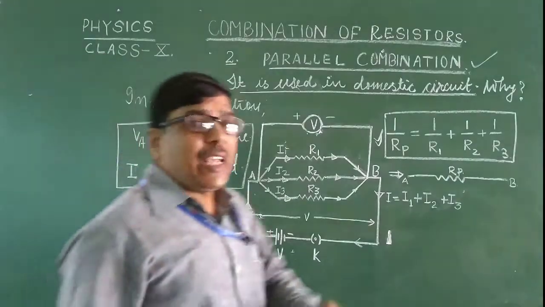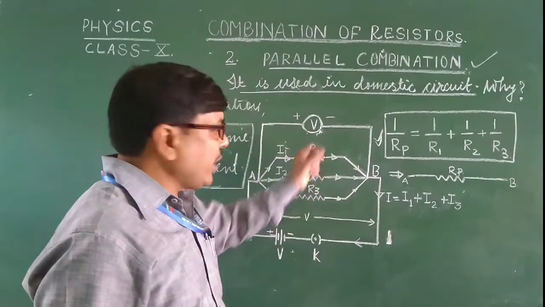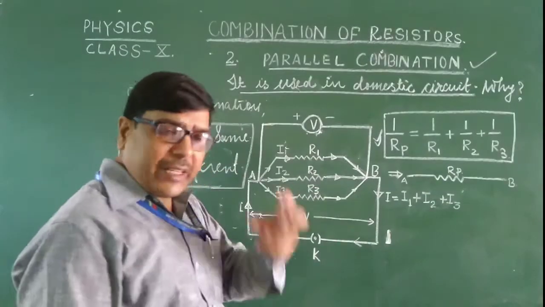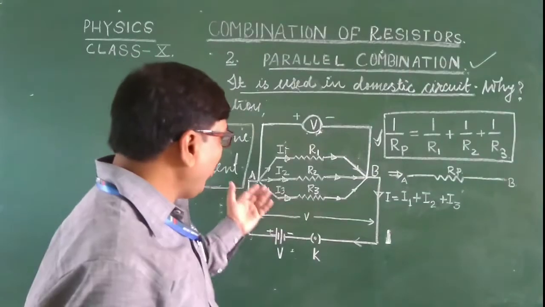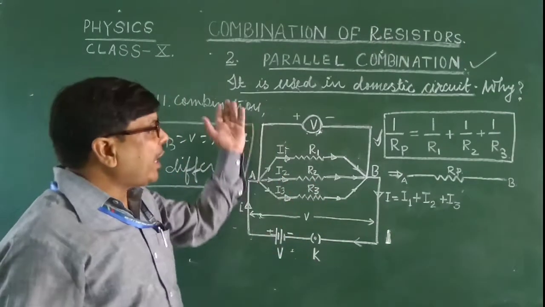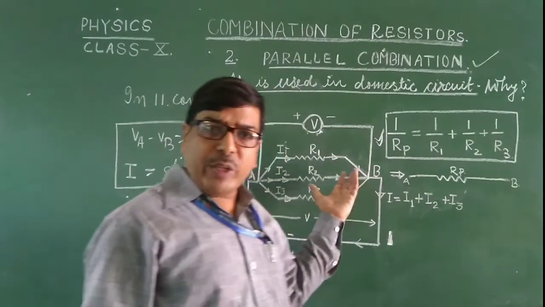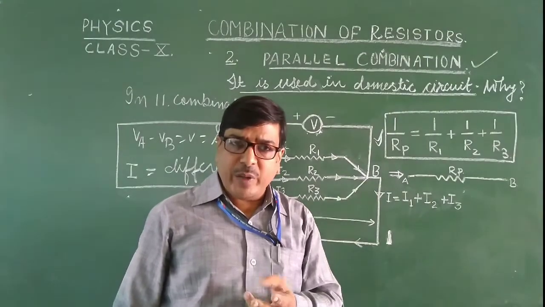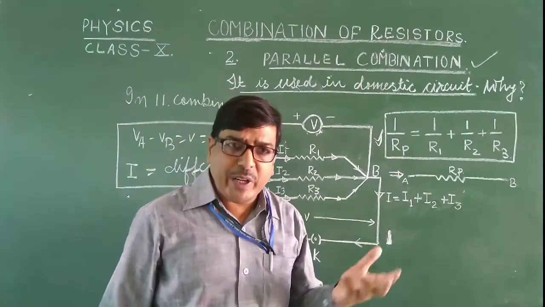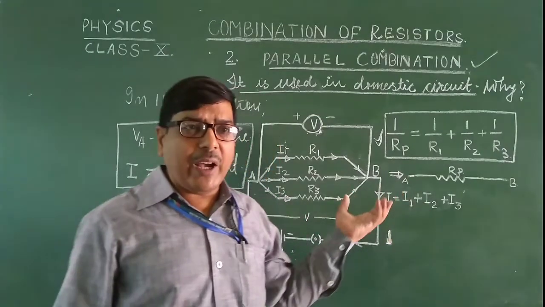Once again, if the switch of any one of the resistors or electrical devices is in off position, then the others will work properly. That's why it is used in domestic circuits. Resistance decreases, potential difference is the same, and the amount of current is different in each resistor, in each electrical device.